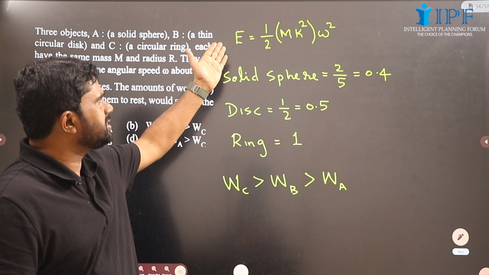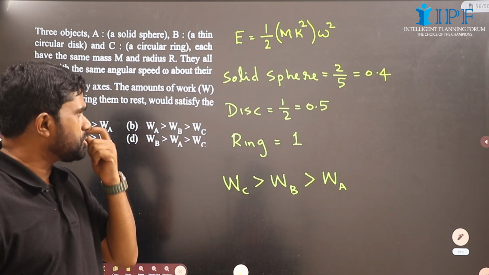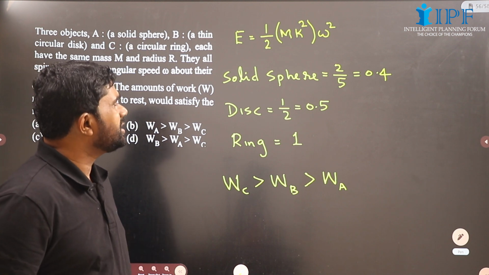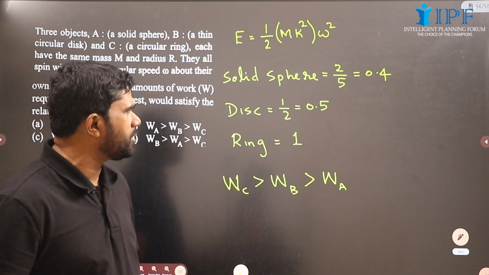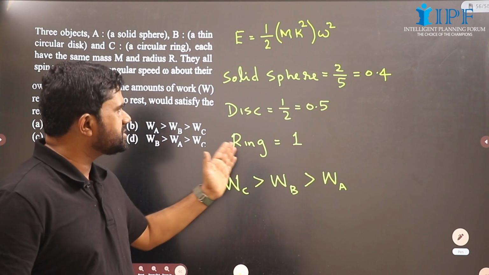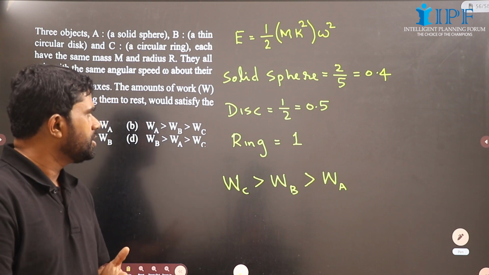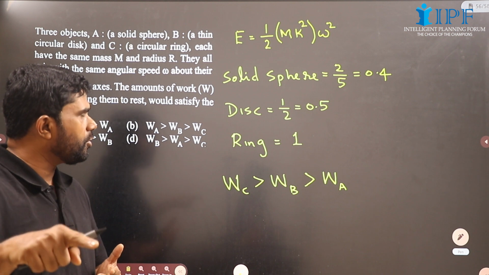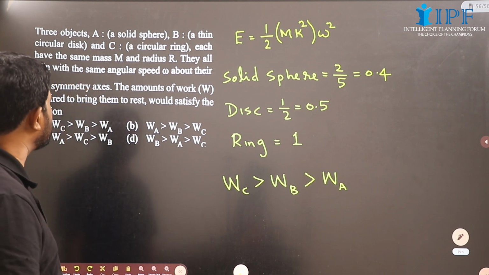The initial kinetic energy will be half m k square omega square, so this energy will be proportional to k square, or the ratio k square by r square. For solid sphere it is 2 by 5, which is equal to 0.4. For disc it is 0.5, which is 1 by 2, and for ring it is 1. So the work done will be greatest for ring, then for disc, and least for solid sphere.